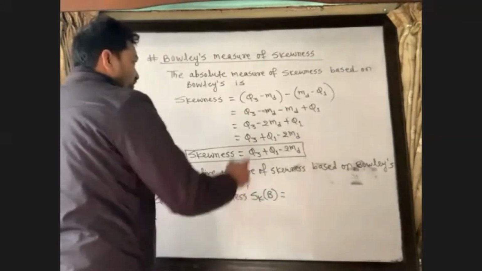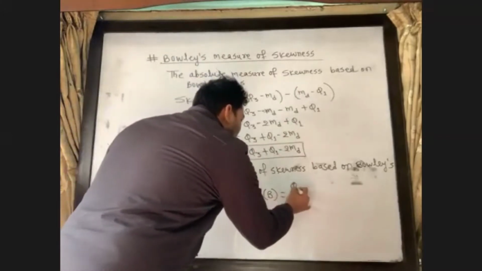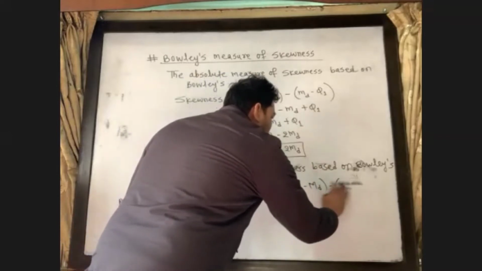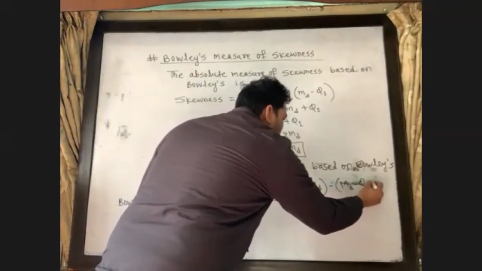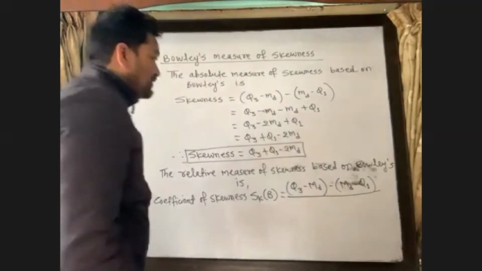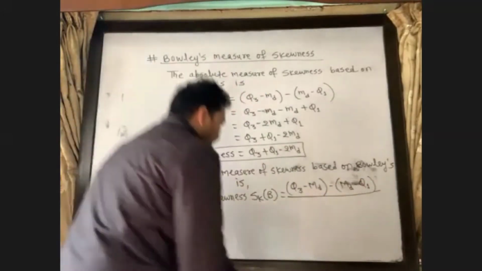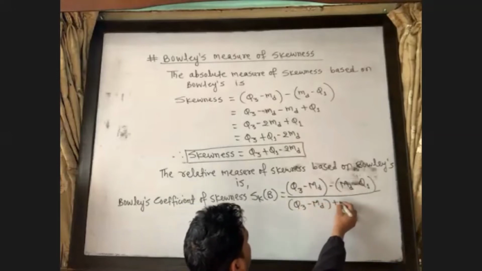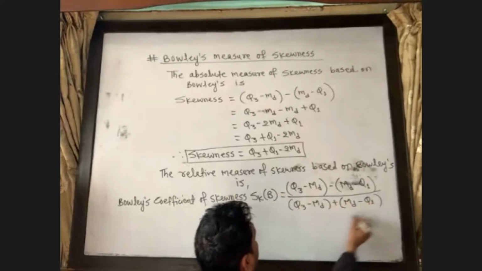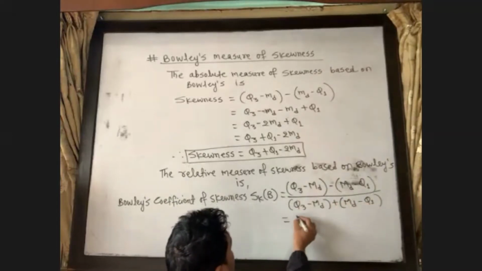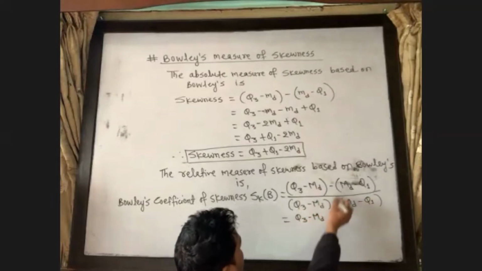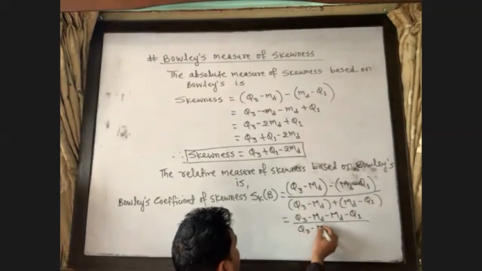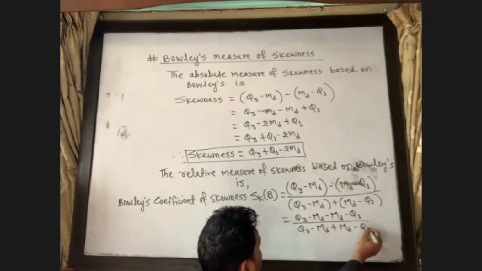SKB equals the skewness formula we wrote earlier: Q3 minus MD, then minus MD minus Q1, divided by the plus form: Q3 minus MD, then plus MD minus Q1.